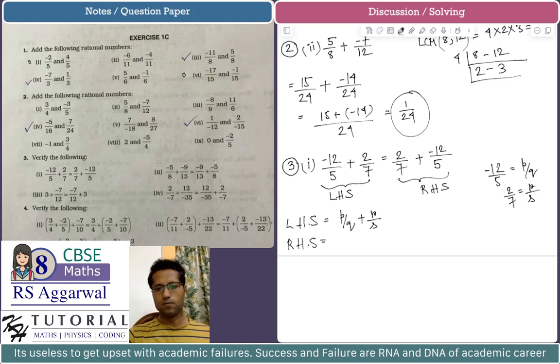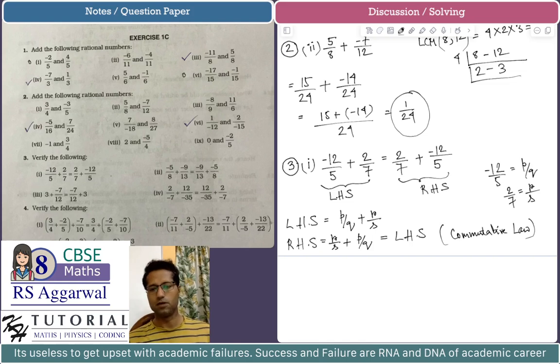RHS is equal to R by S plus P by Q, which is definitely equal to LHS from the commutative law of addition. Addition of rational numbers satisfies the commutative law. So from this we can directly say that LHS is equal to RHS without actually evaluating the value of both the LHS and RHS. So this is the way I would like to do it.